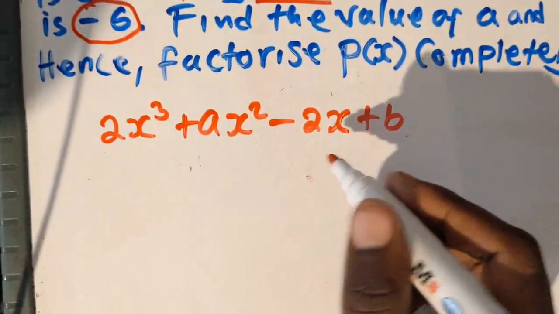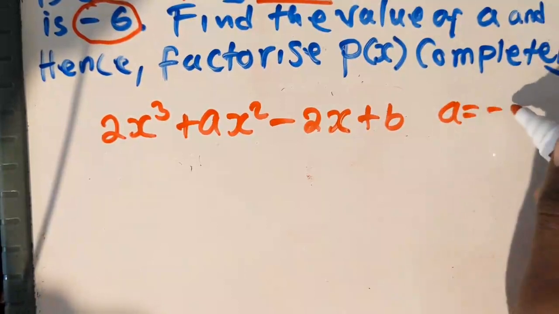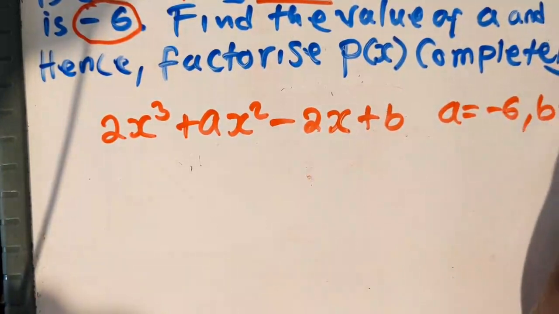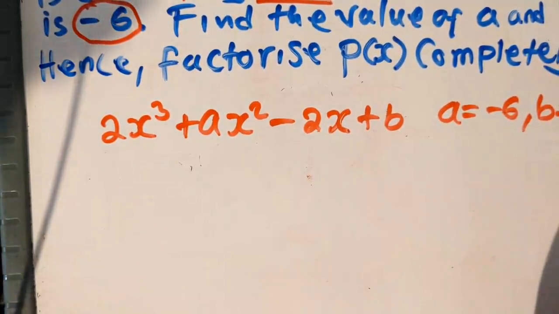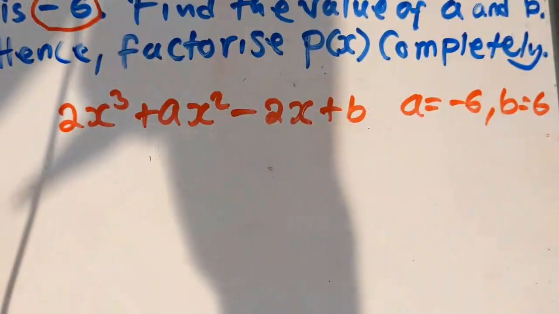You know that a is equal to negative 6 and b is equal to 6. So we are just going to put them in here.